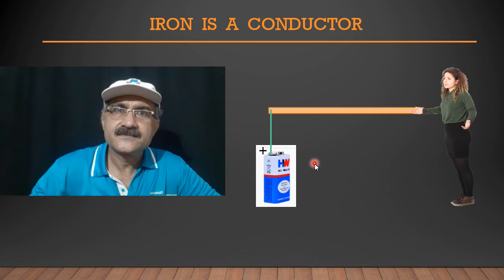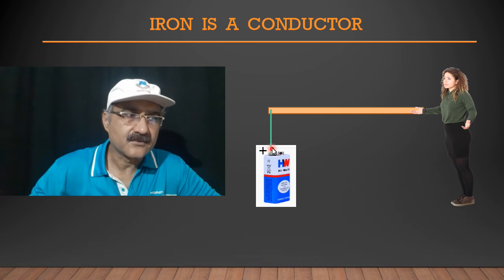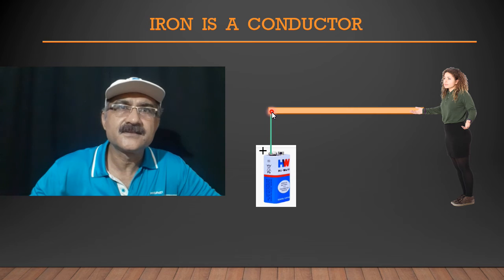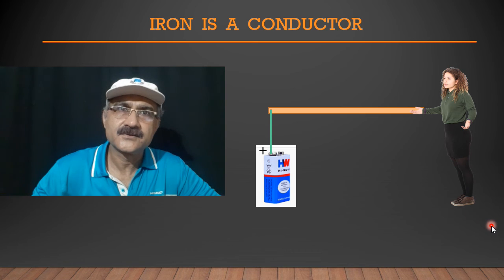Now what will happen? Charge from this cell will flow to this end of the iron rod, and since iron rod is a conductor, this charge will flow through the conductor, through the hand of the person, and it will flow to the ground.